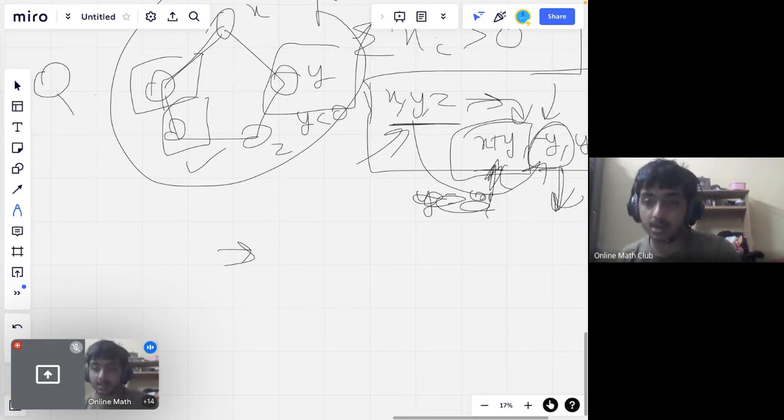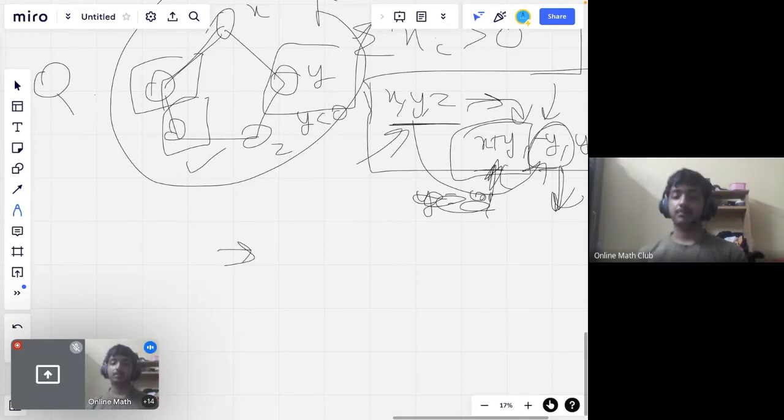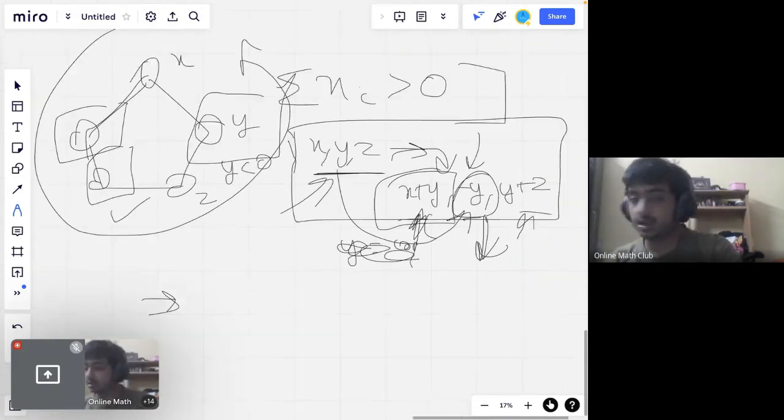Maybe consider the positive differences between the average of the vertices. Between the average of the vertices. Right. So are you saying that between each two numbers we write the average or something?